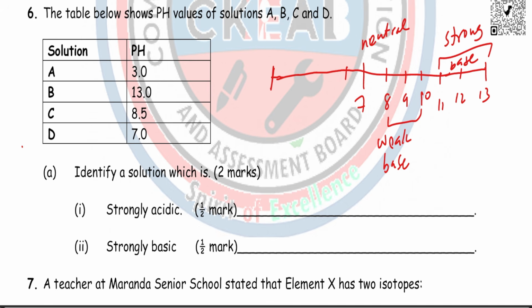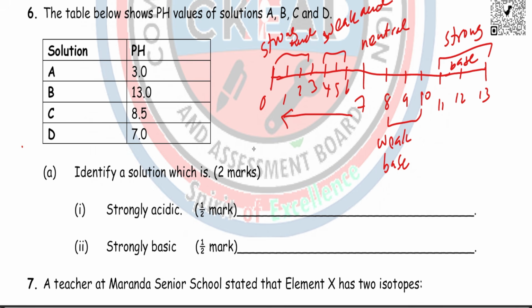So let's say 0, 1, 2, 3, 4, 5, 6, and 7. From 4 to 6 is a weak acid, and then from 1 to 3 or 0 to 3 is a strong acid. So acidity usually increases if you go left, basicity usually increases if you go right.